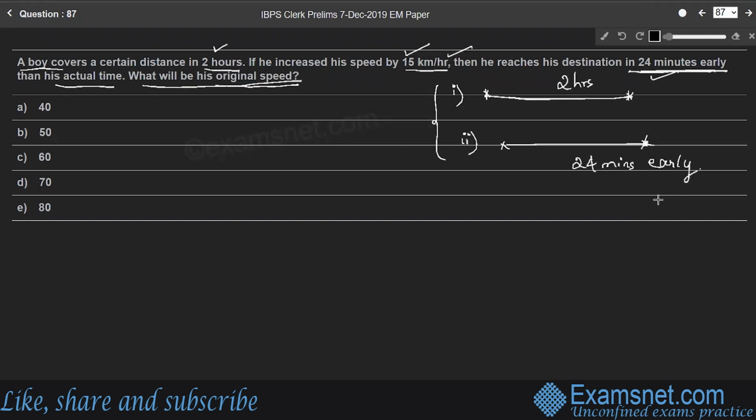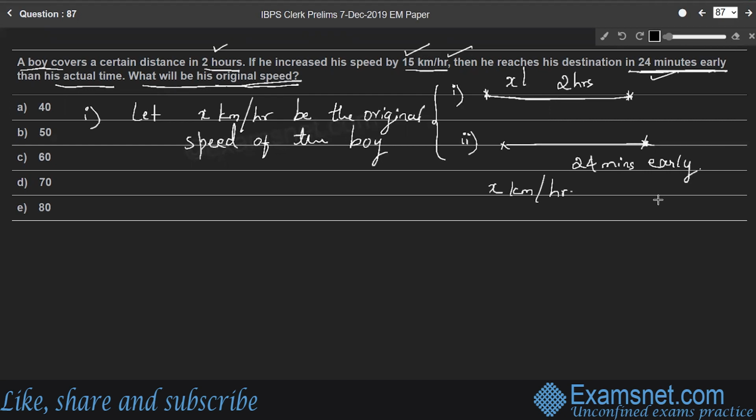Right? So let us assume x kilometer per hour be his original speed of the boy. So in the first case, the speed is x kilometer per hour. Then he took 2 hours of time, so the original time was 2 hours.